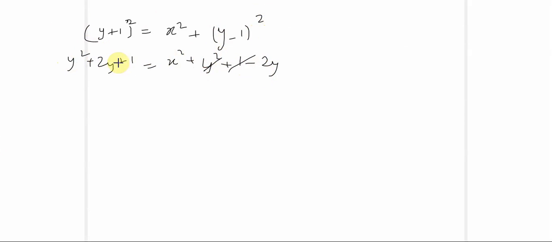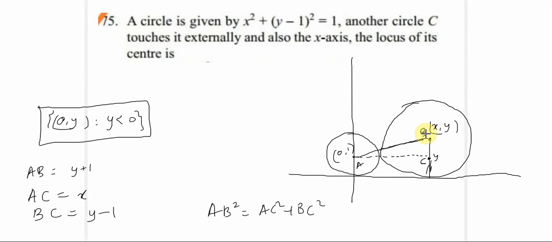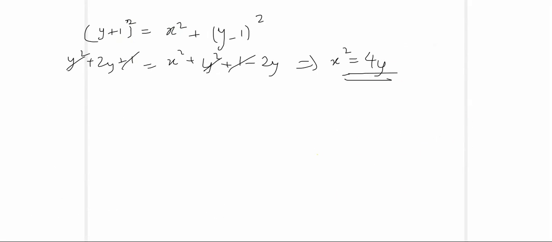Some of these terms cancel out, and what we have left is x squared equal to 4y. So this is for points on the right-hand side: (x, y) such that x squared equals 4y and x greater than 0. For the left side, this will be similar, but let's see how it goes.